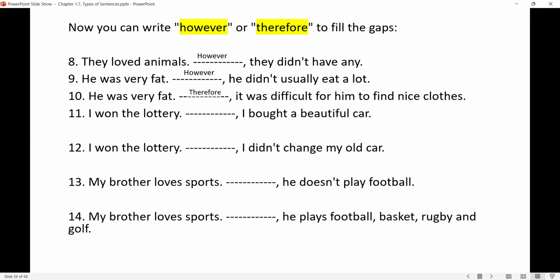I won the lottery. Therefore, I bought a beautiful car. I won the lottery. However, I didn't change my old car. My brother loves sports. However, he doesn't play football. My brother loves sports. Therefore, he plays football, basketball, rugby, and golf.